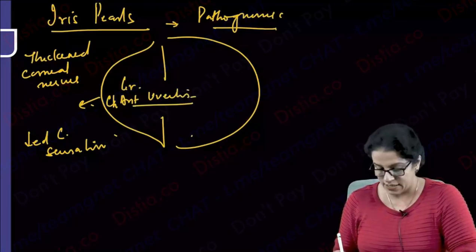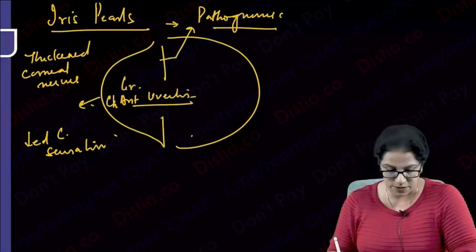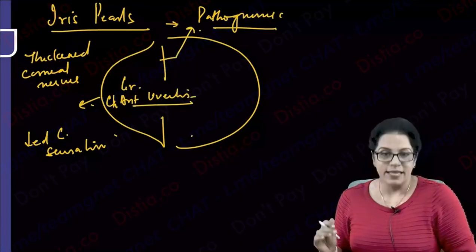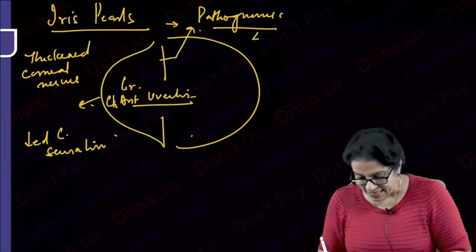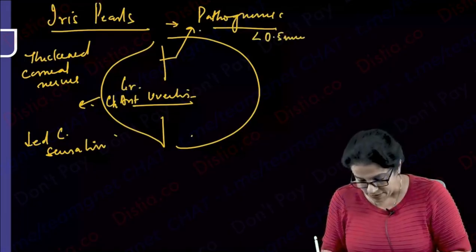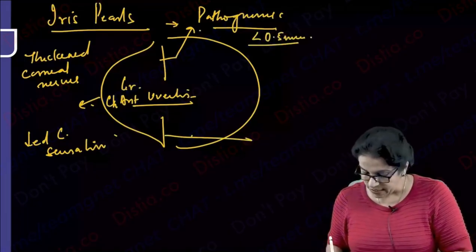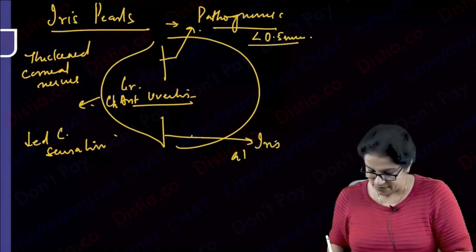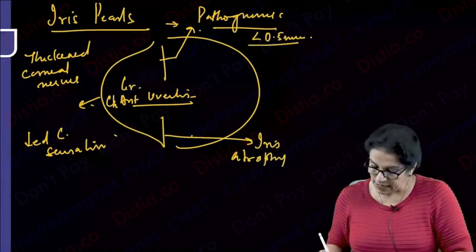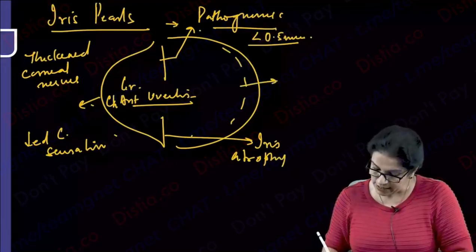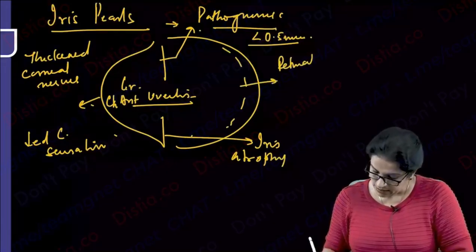So all the features plus these iris pearls which are pathognomonic, right? These iris pearls are typically less than 0.5 mm in diameter. You may also get iris atrophy. And similarly, we can get retinal pearls as well on the retina. Okay?